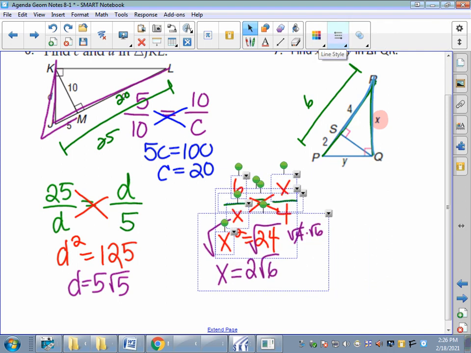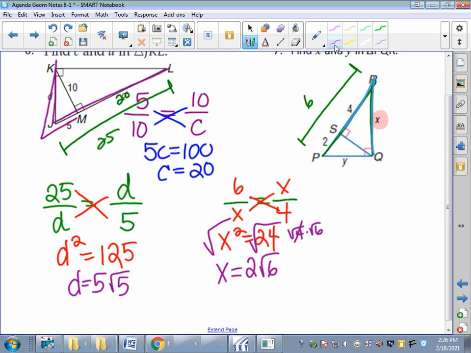So now if I want to go to the y, I'm going to do the same setup, but I don't use this anymore. So I'm going to do hypotenuse over the leg equals the leg over the closest part of the hypotenuse. So the whole hypotenuse is still 6 over the leg is y equals y over 2.